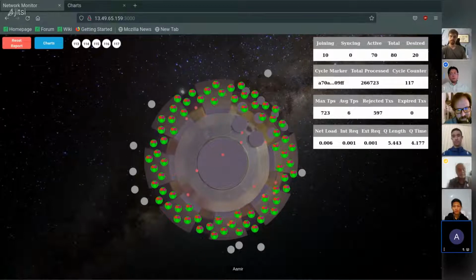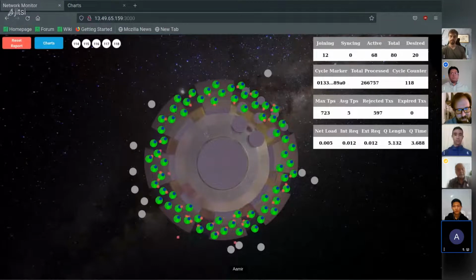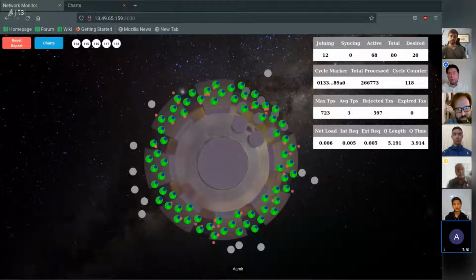But of course, in a real world scenario, you would want hundreds of nodes to be holding the data for any given shard. So removing 5 or 10 nodes at a time wouldn't really be much of a problem.